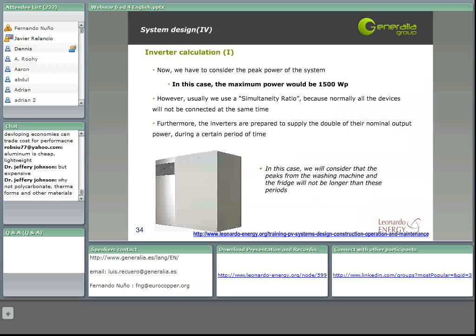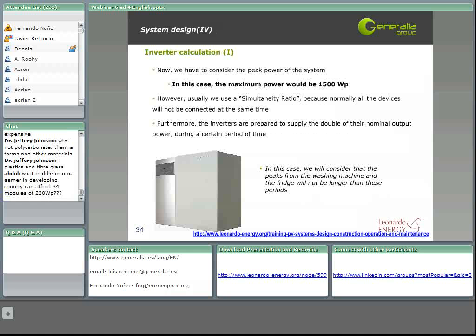Finally, for the inverter calculation, we have to consider the peak power of the system from the study of consumptions. So, if we go back to the slide where we had it, we can see the maximum power would be around 1,500 watt peaks.